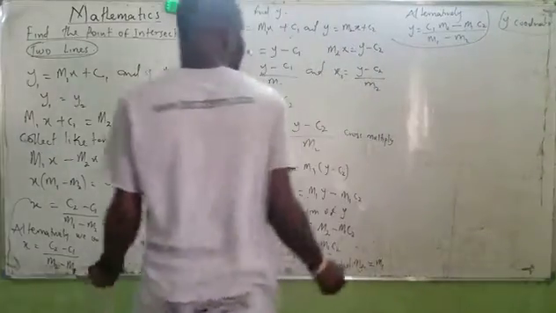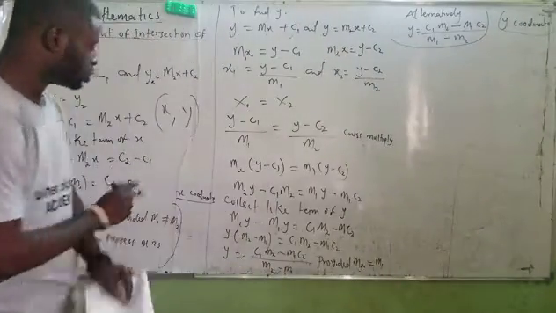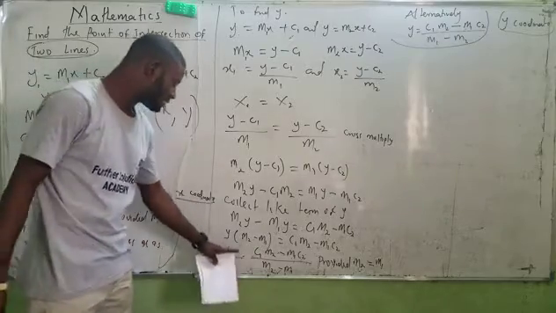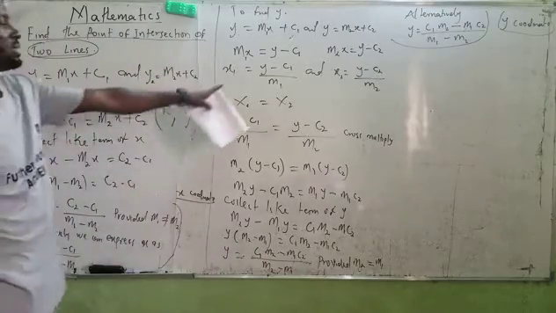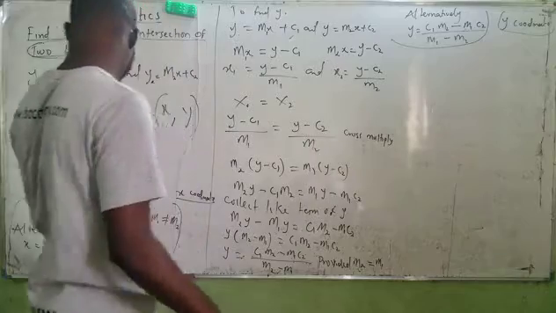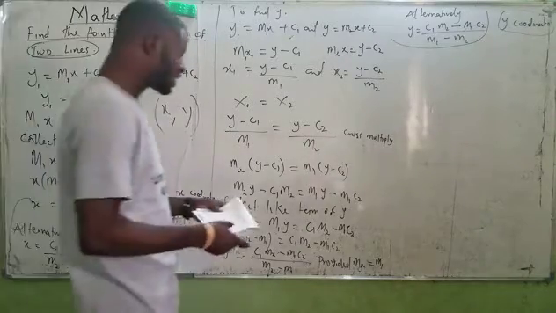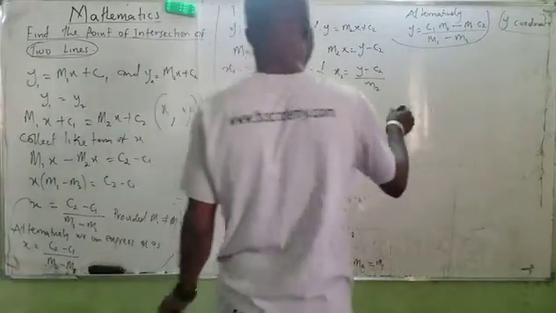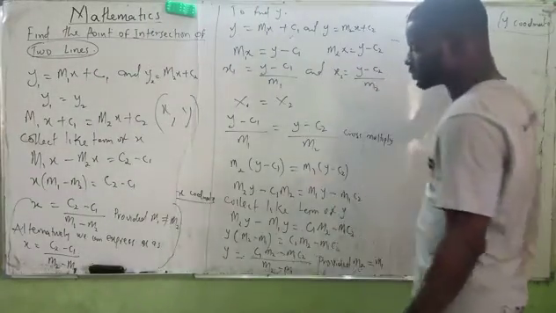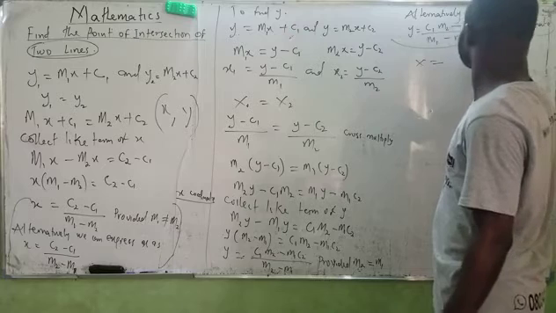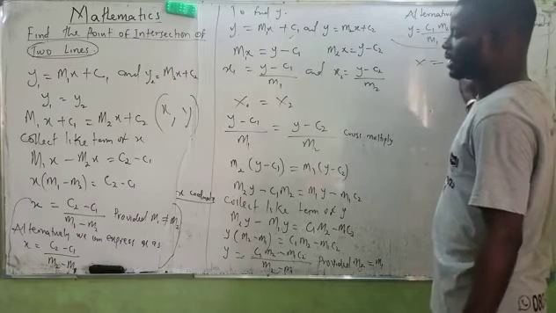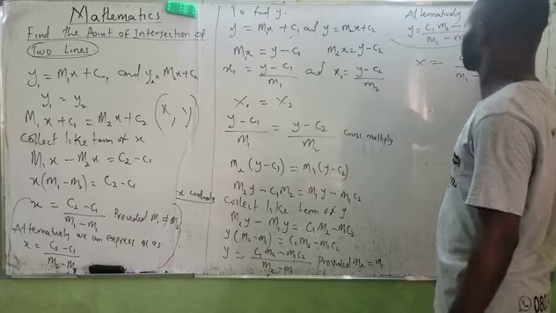Now, it means all I need to do is understand this and this. For example, a question can be given this way. Let me quickly write my x down: x equals c2 minus c1 divided by m1 minus m2.